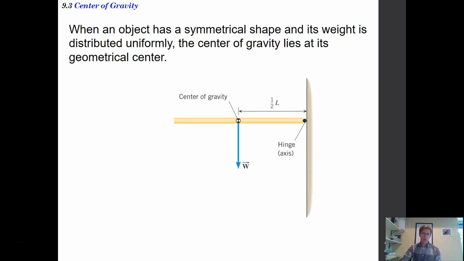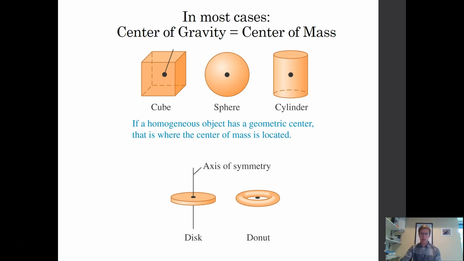So the center of mass and center of gravity for most applications we're going to be looking at are the same, but center of gravity is really closely related to rotational dynamics and understanding torque, and so that's why we introduce it to you here in this section. If you have a uniform object, then the center of gravity will be at its geometric center near Earth.